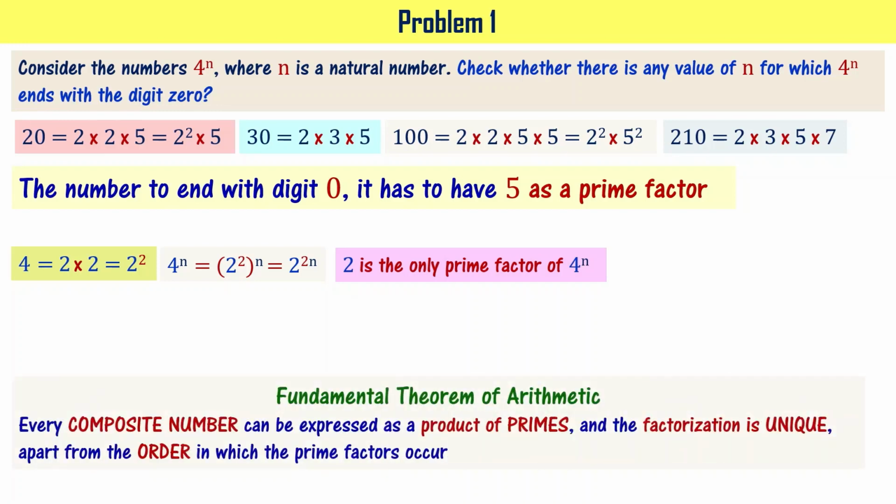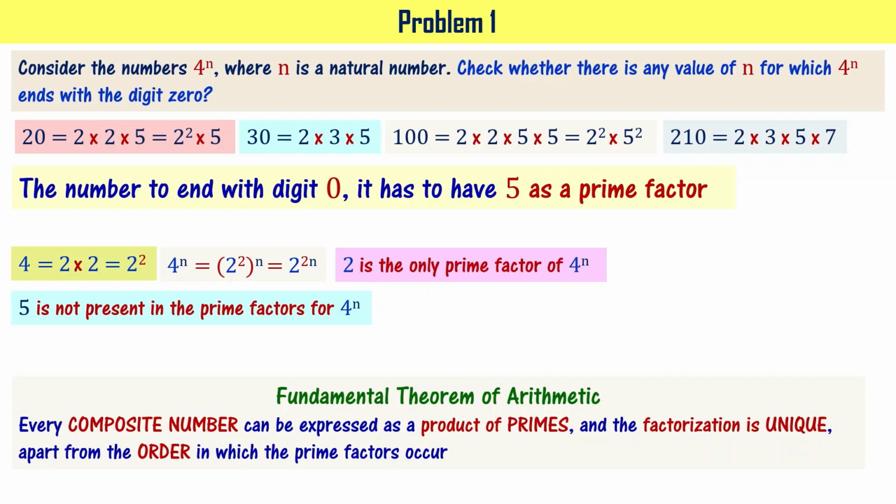You may recall that the fundamental theorem of arithmetic says that prime factorization is unique for any composite number. If I say that 4 power n is a composite number, then its prime factorization is unique and the prime factor is only 2. It means number 5 is not a prime factor for 4 to the power of n.